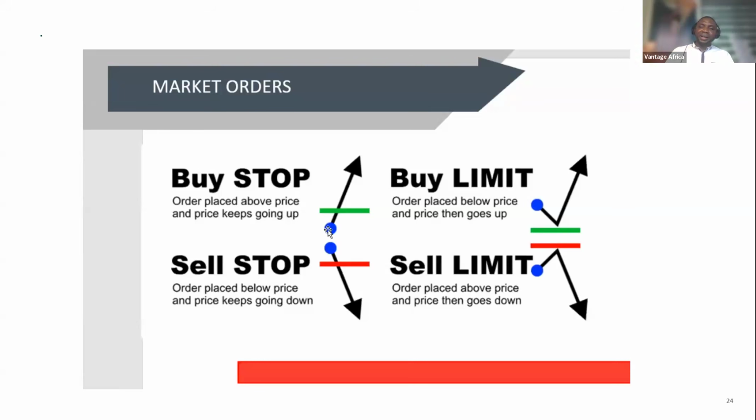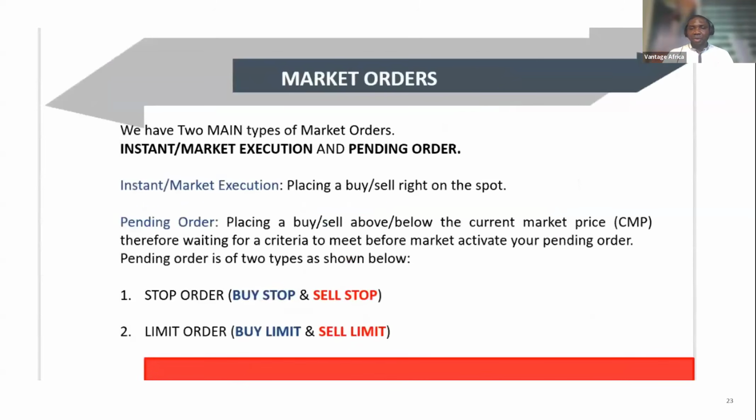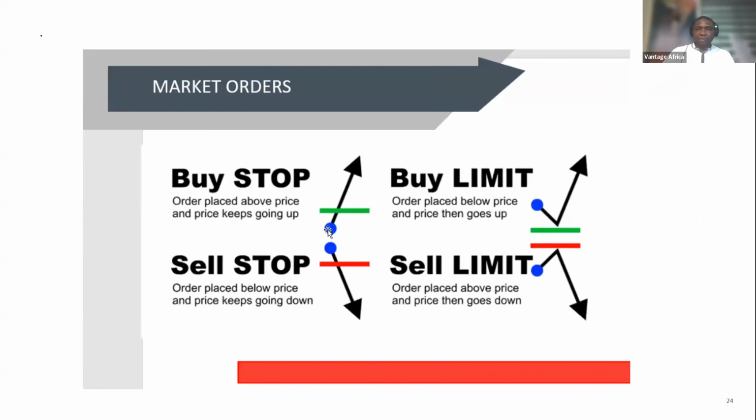In that case, you are setting a trade to activate at a later point, at a later time. But the area where you want it to activate is an area that is currently lower than the current market price. Remember, what's current market price? Current market price is the current price of that trade right now. When you go to your chart, you will see this. The area in the market where price currently is, is what we call the current market price.